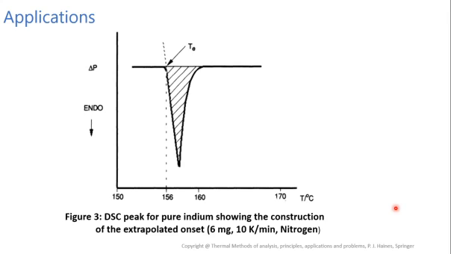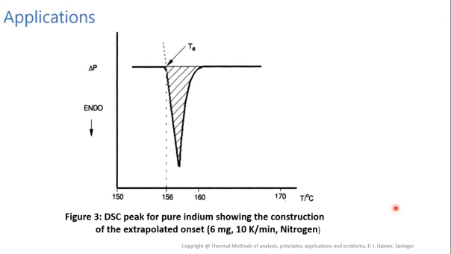This is the figure showing the DSC peak for the pure indium metal, with the construction of the extrapolated onset for a 6 mg sample at a heating rate of 10 Kelvin per minute under a nitrogen atmosphere.